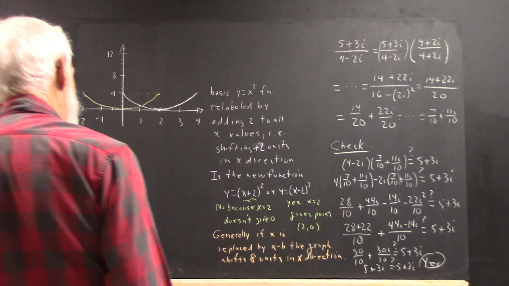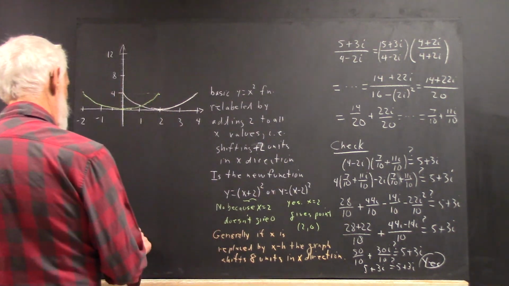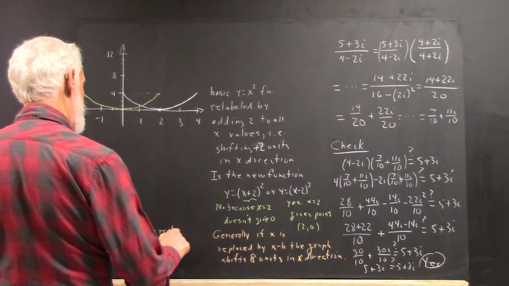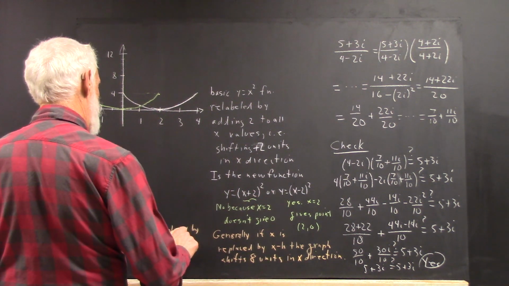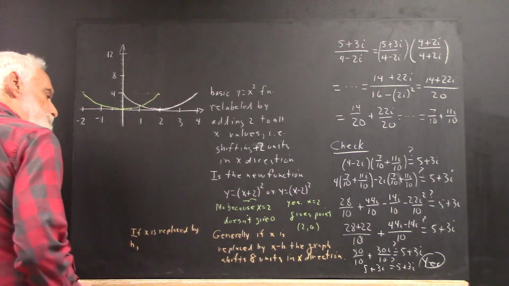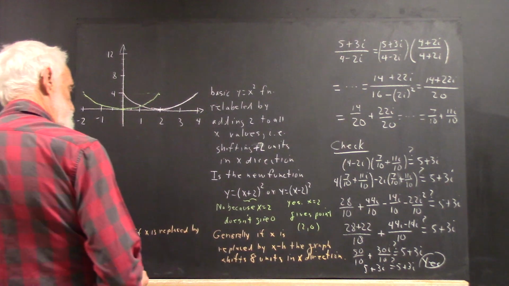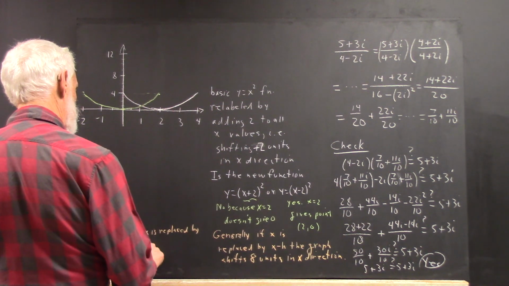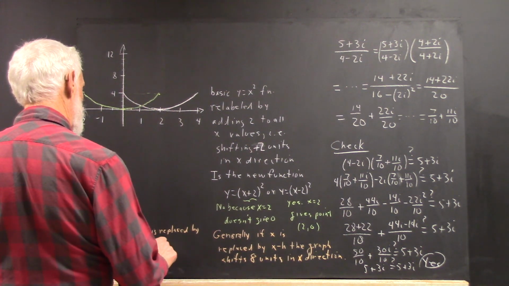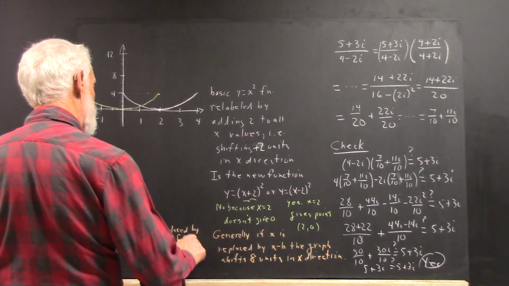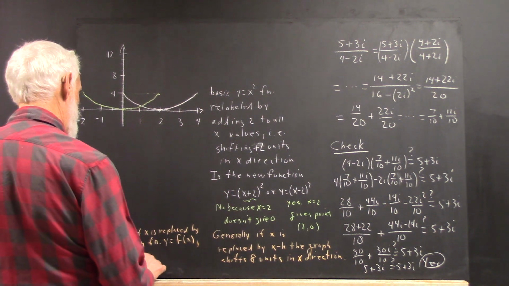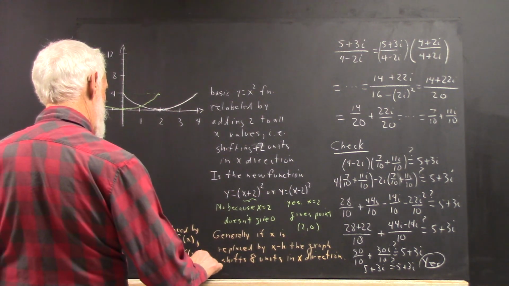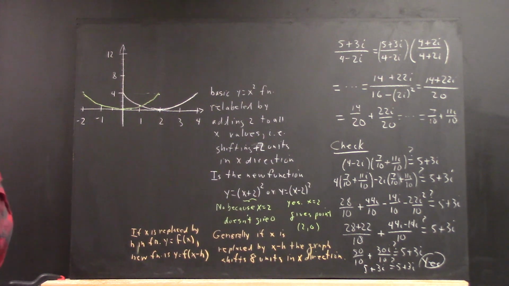Okay? And if x is replaced by x minus h, and the function y equals f of x, the function is y equals f of x minus h.